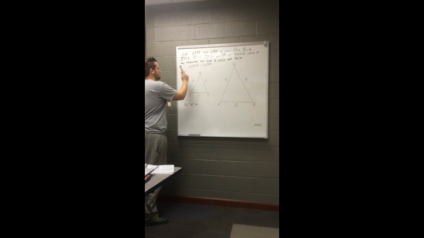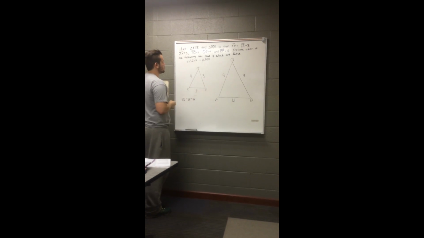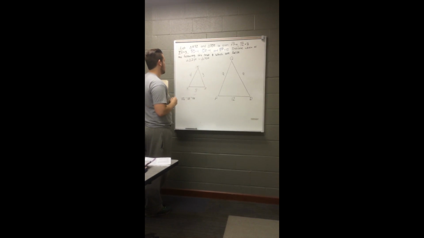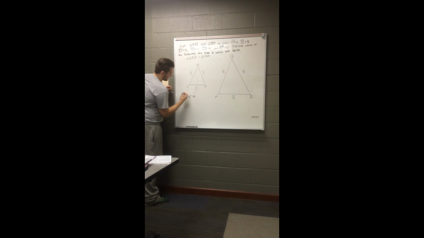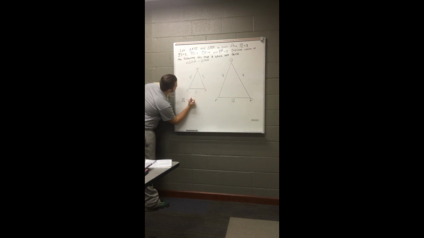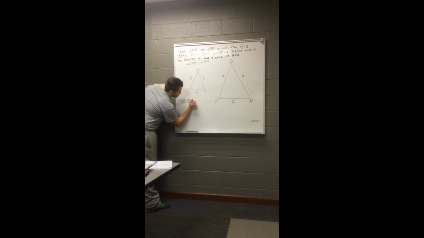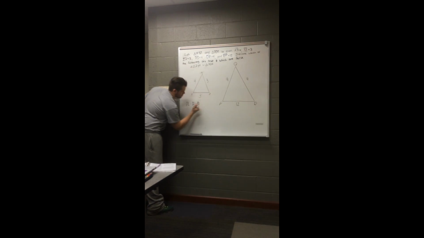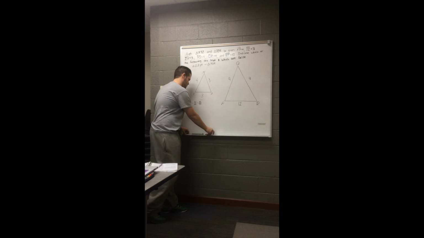So moving on, you got D, which is triangle ZYX is similar to PQR. So you plug this back into here. ZY, then YX, and ZX. Okay?